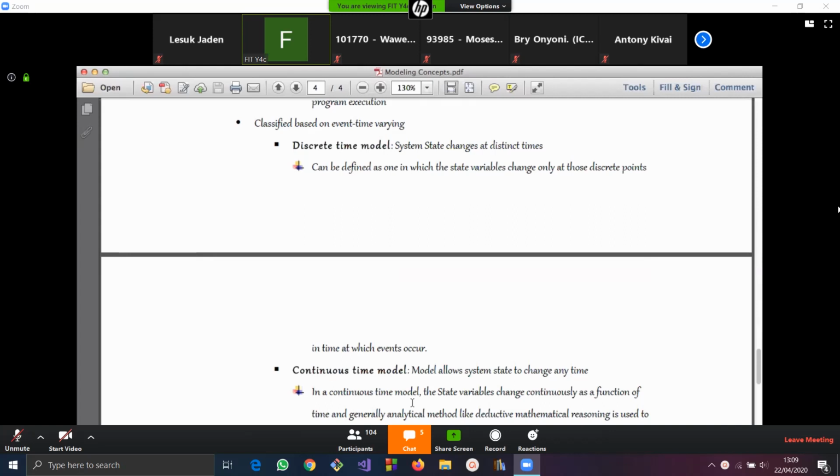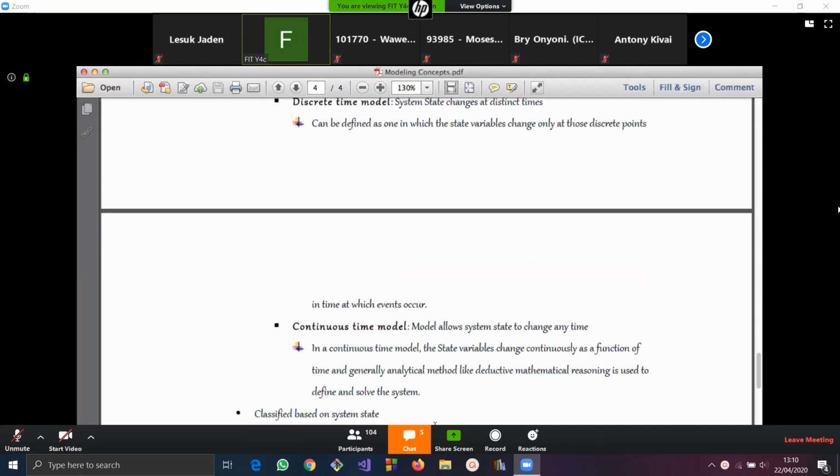Time is generally continuous. That's why deductive mathematical reasoning is used to define and solve such systems. Those are some of the models that are classified based on time.